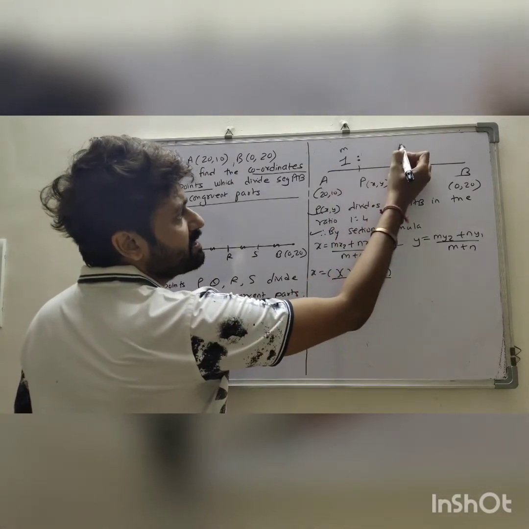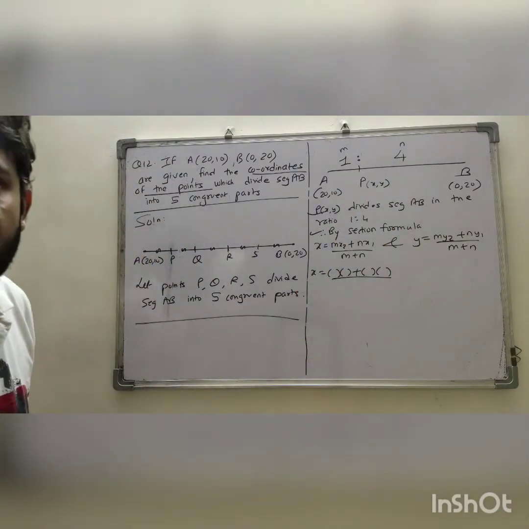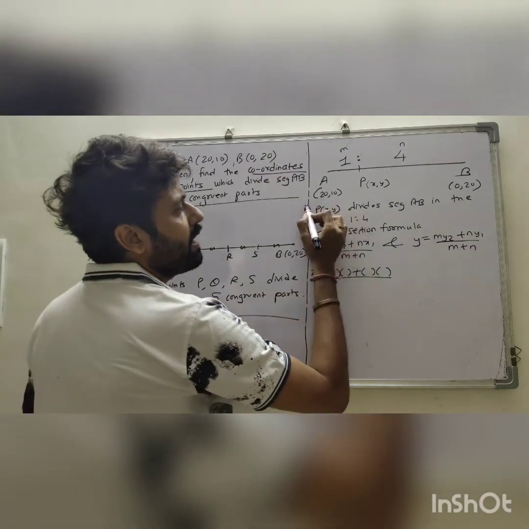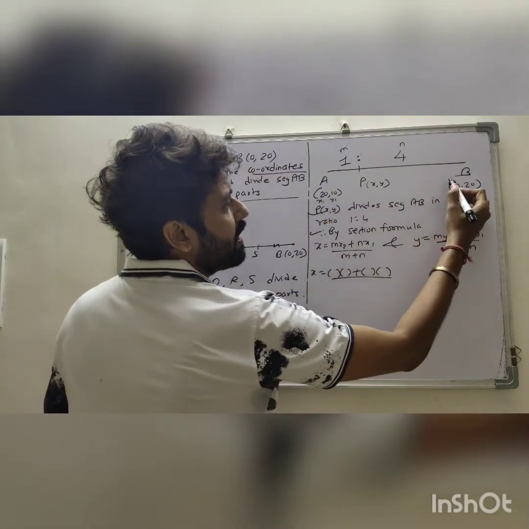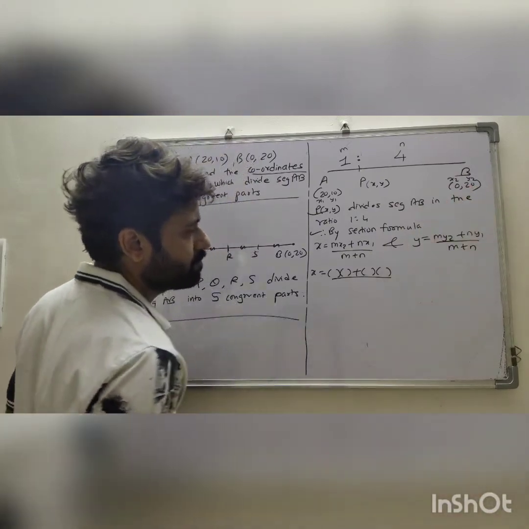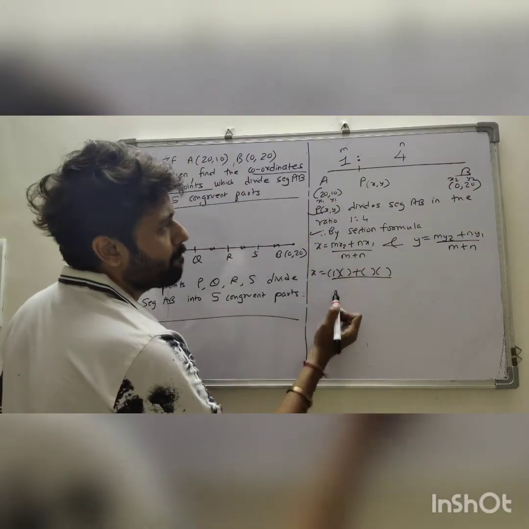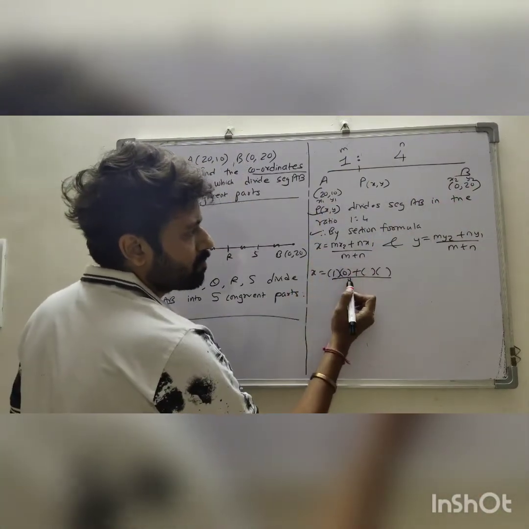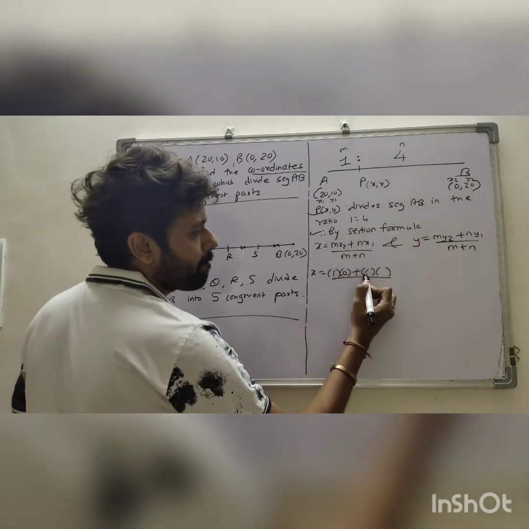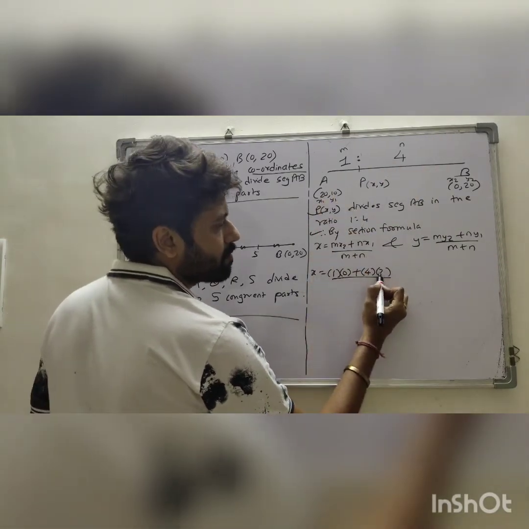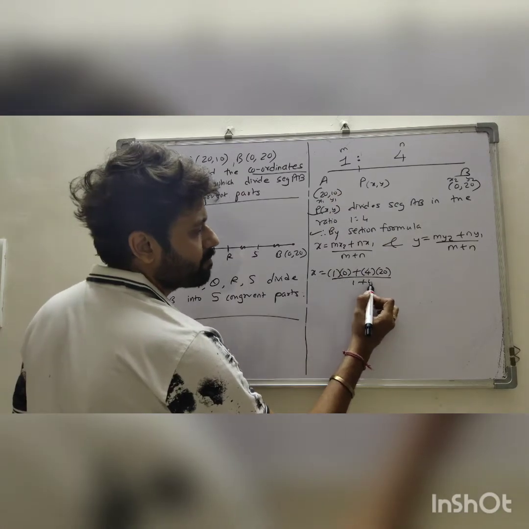This is m, this is n. You can show with this pencil also. x1, y1, x2, y2, m, x2 plus n, x1 upon m plus n.